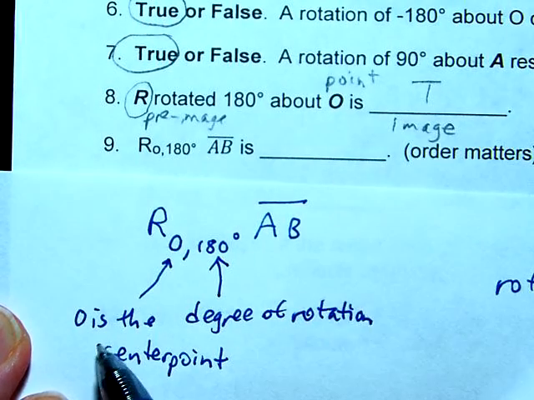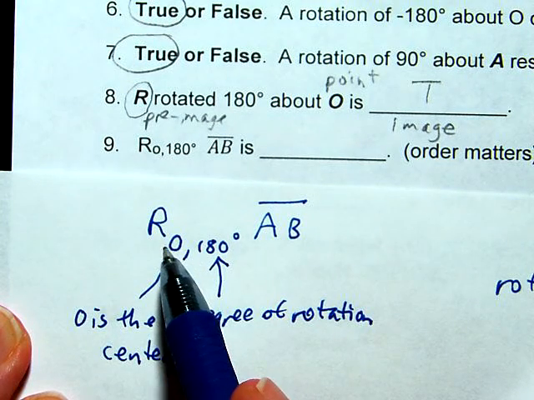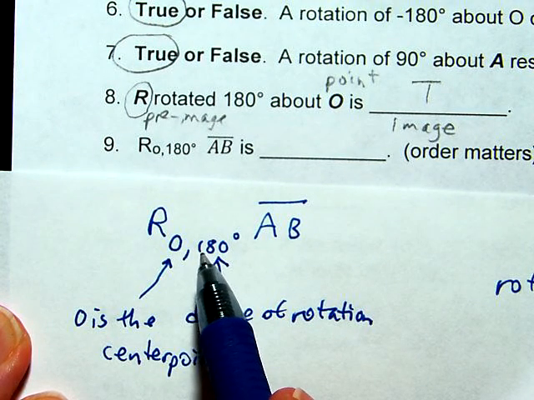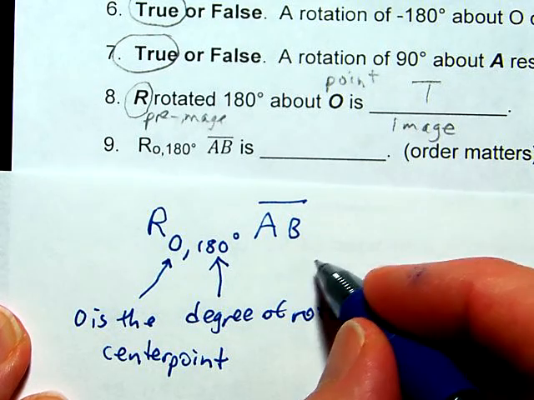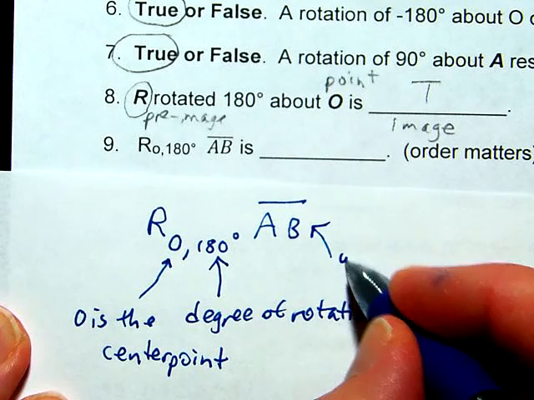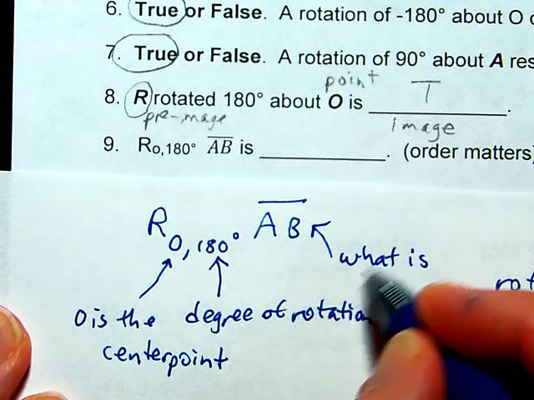So around the center point O, we're going to be rotating 180 degrees. And finally, the last thing, line segment AB, is what is being rotated.